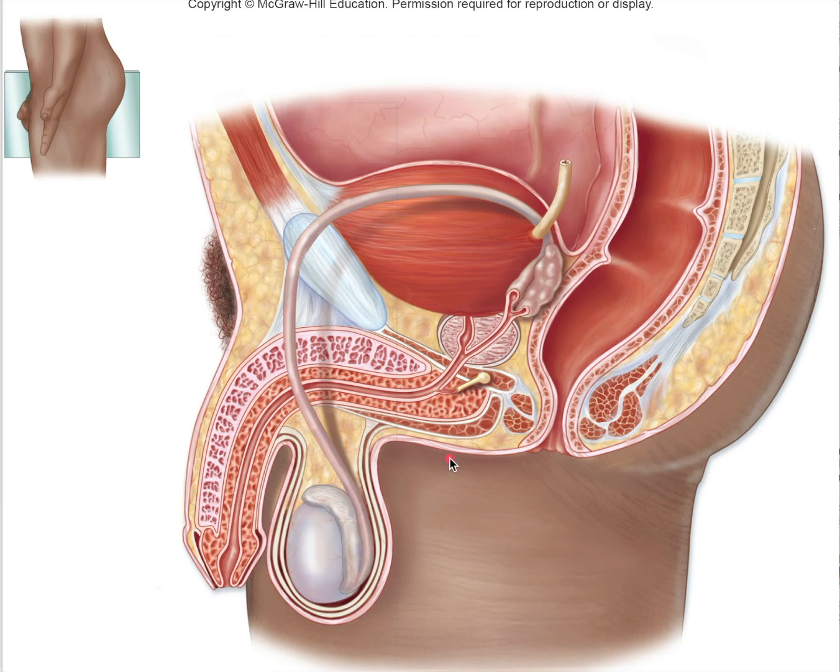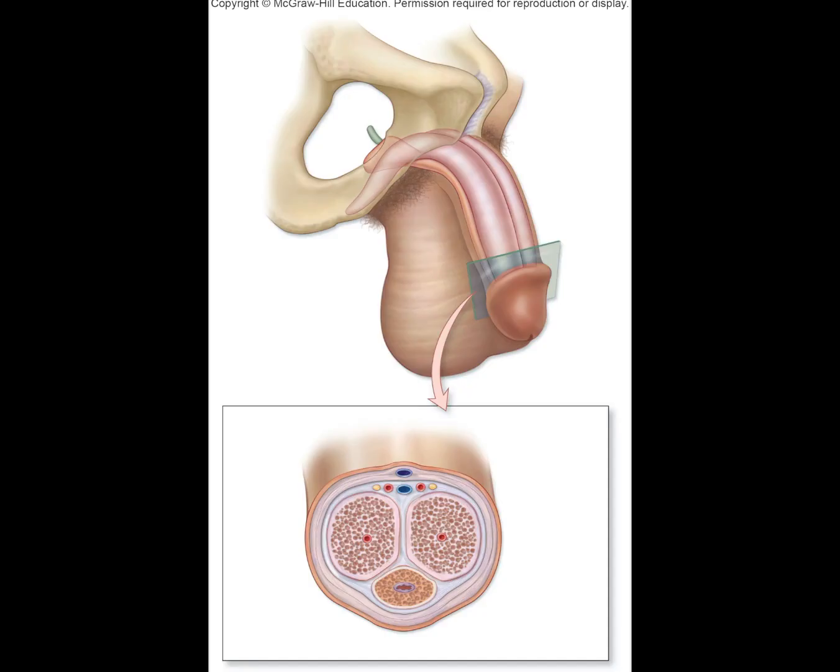Okay, let's look at another view here. So this is looking specifically at the erectile tissues. This is a cross-section of the penis, right behind the glans. And this picture is not showing the prepuce or the skin over the glans.